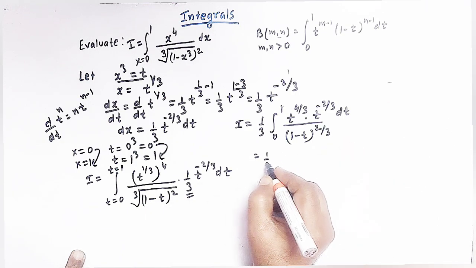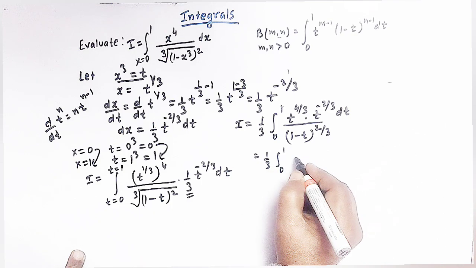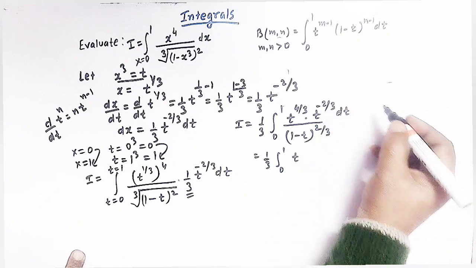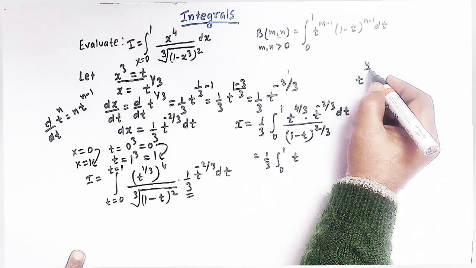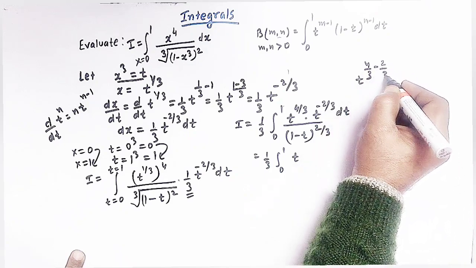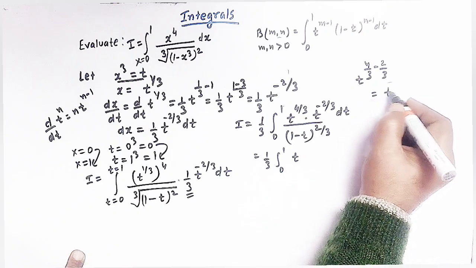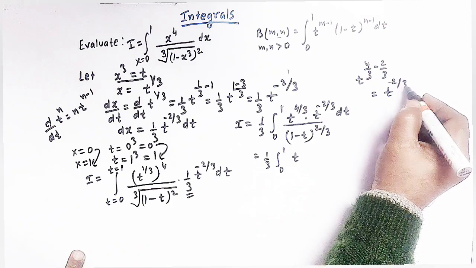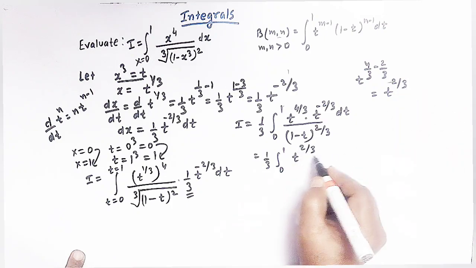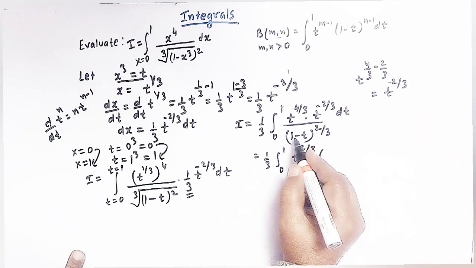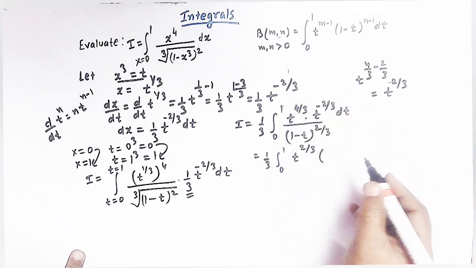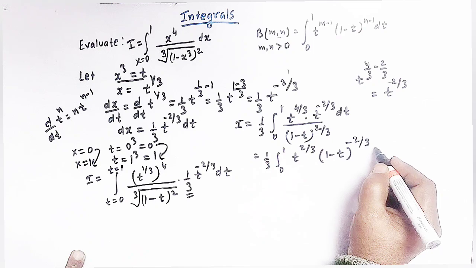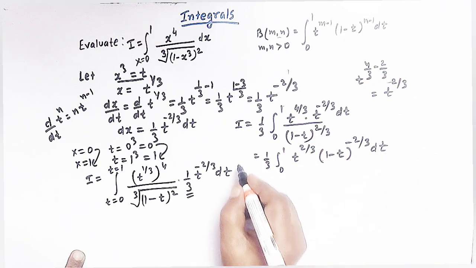So now this is 1 over 3 integral 0 to 1, and here using the laws of exponents, we can write t raised to 4 over 3 minus 2 over 3, that is t raised to 4 minus 2 is 2, so this is t raised to 2 by 3. So here we have t raised to 2 by 3, and taking this term to the numerator, we have (1 minus t) raised to minus 2 over 3 dt.